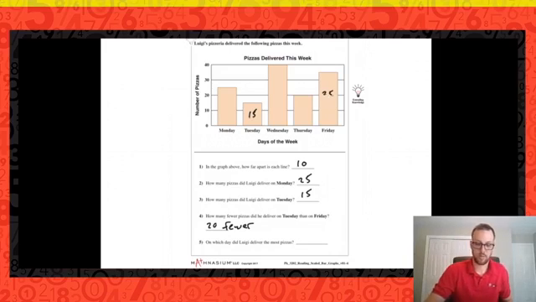And on which day were the most pizzas delivered? So are we looking for the tallest or the shortest bar? We're talking about the number of pizzas delivered. We're looking for the most. So do we want the tallest or the lowest?